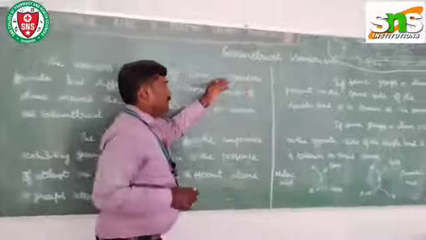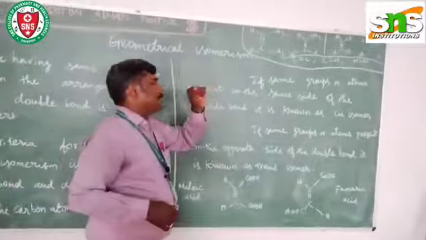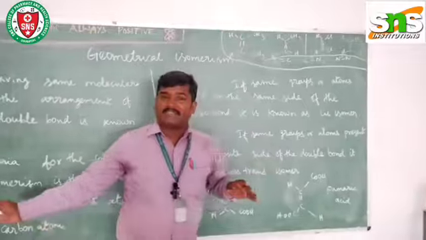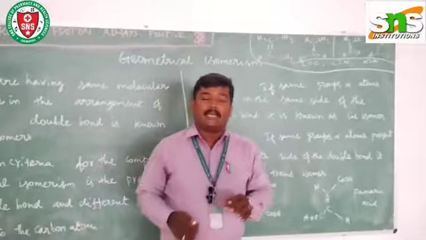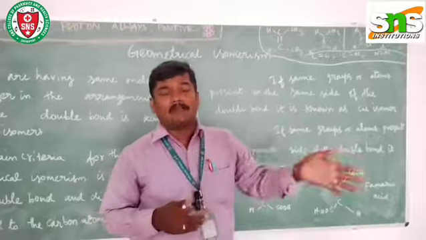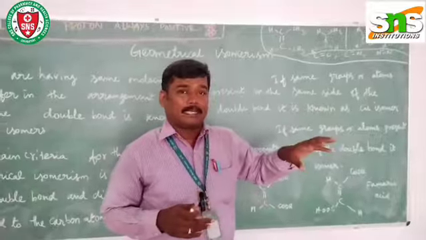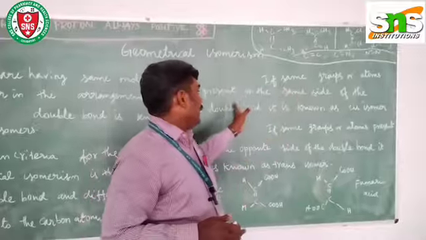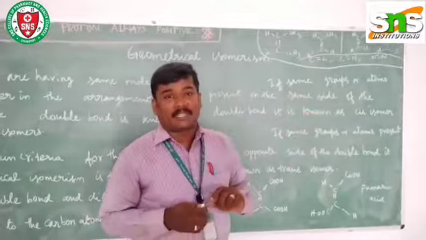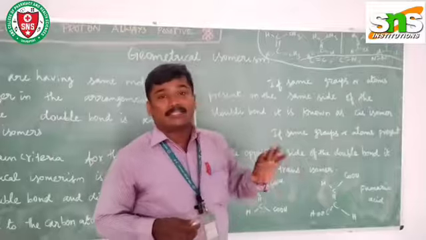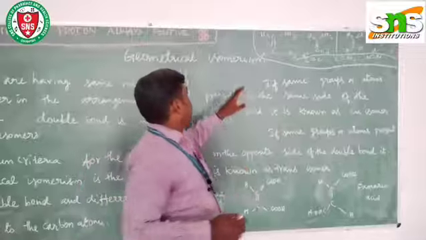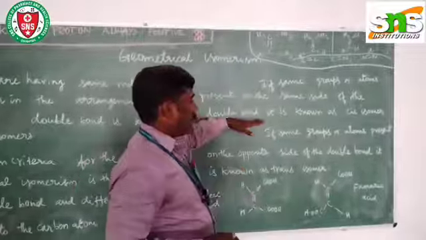Okay. Then the next one is cis and trans-isomers. Already we have discussed that groups or atoms are attached to the carbon atoms. If the same groups or atoms are attached to the same side of the double bond, it is known as cis-isomer. We can take some examples afterwards.